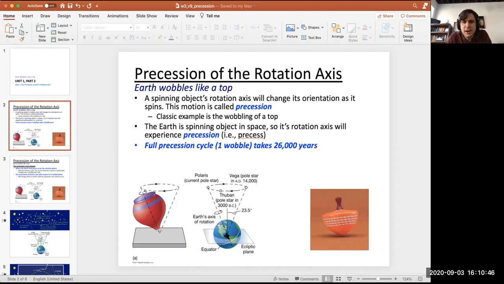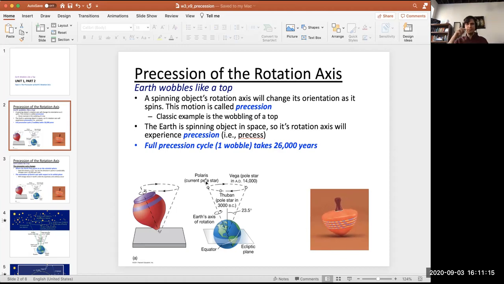It means that where the North Pole of the Earth points to on our celestial sphere, what star it points to, slowly changes as the Earth makes one complete precessional wobble. So it keeps 23.5 degrees, but where north is pointing is rotating around and around as the Earth precesses, as it wobbles.